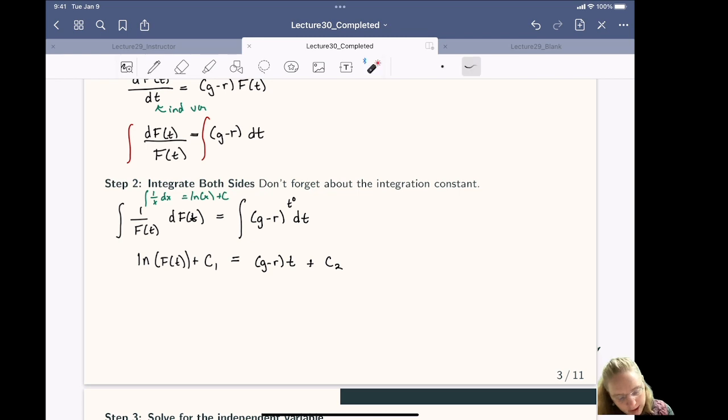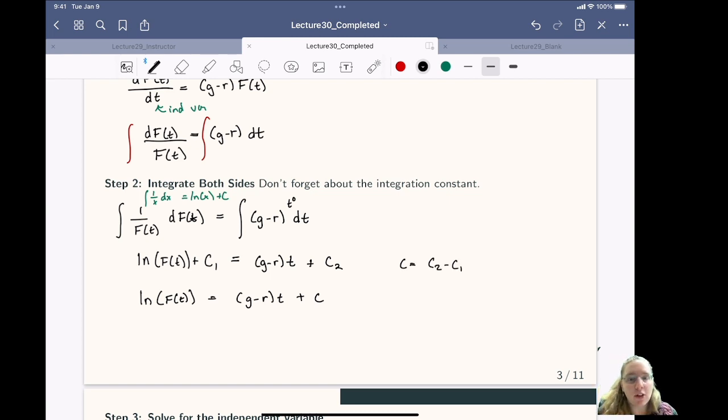The cool part is that this integration constant here and this integration constant here are both unknown constants, and so we can combine them into one. There's no reason to have two unknown constants in our equation. So we end up with ln of f of t is equal to g minus r t plus c. C is equal to c2 minus c1.